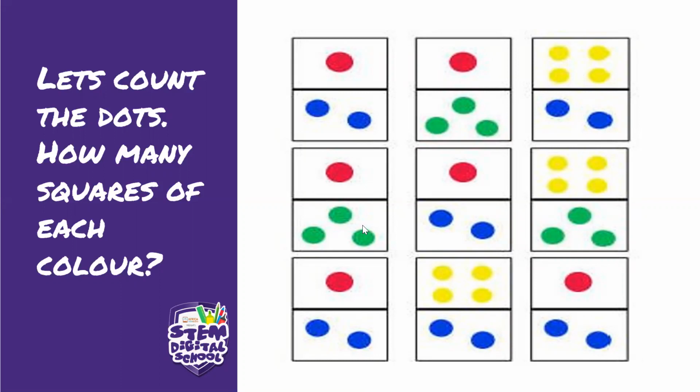But let's count the red and the blue. 1, 2, 3, 4, 5, 6. 1, 2, 3, 4, 5, 6. So the red and the blue have more rectangles and the green and the yellow have less. Okay, good job everyone. Let's see what we have next.